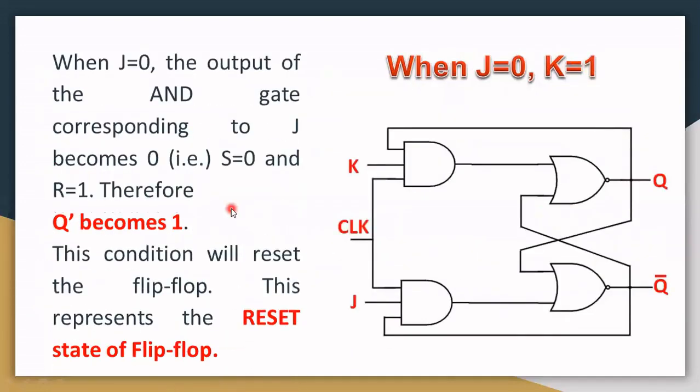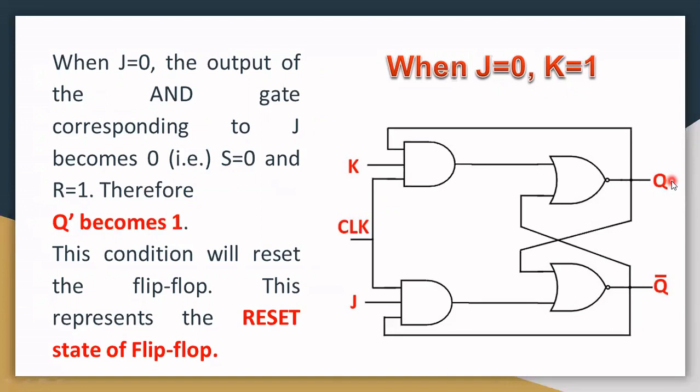Next condition, when J is equal to 0 and K is equal to 1, I am not going to the detailed explanation here, but remember, similarly, when S is equal to 0 and R is equal to 1, Q dash becomes 1 and Q goes to 0. That means reset state.